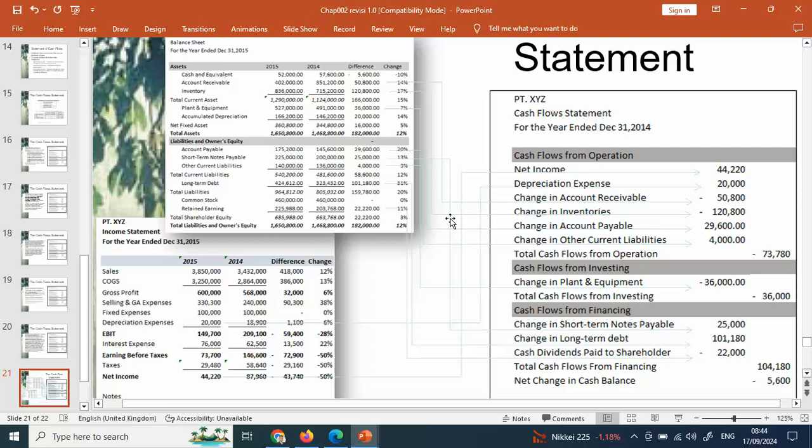So when depreciation increases, the asset increases. When asset increases, is it cash inflow or cash outflow? Outflow. But depreciation is an excuse. In depreciation, is there any actual money going out?